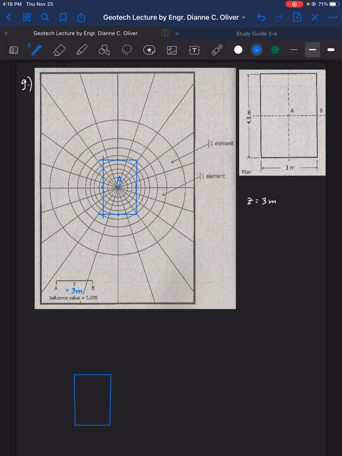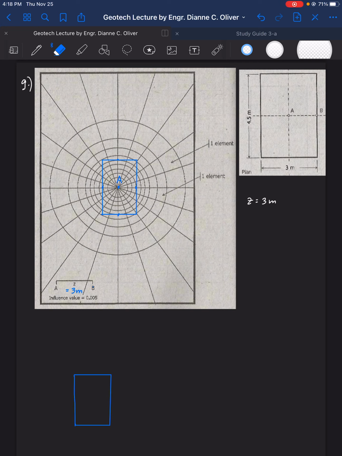It's hard when I'm using a straight edge on this screen. The pen is slipping. There we go. Then let's erase the excess.